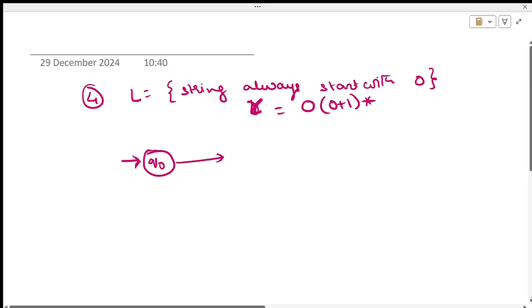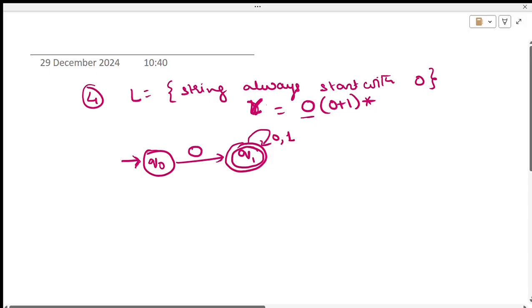Make sure we read a 0 and reach state Q1. Once the machine has reached Q1, the requirement is fulfilled, so we'll say that it is accepted. After this, we can have any number of 0s and 1s on Q1.